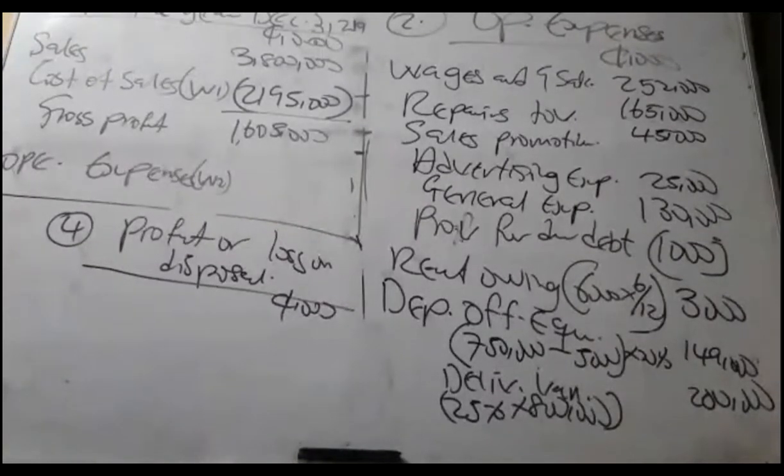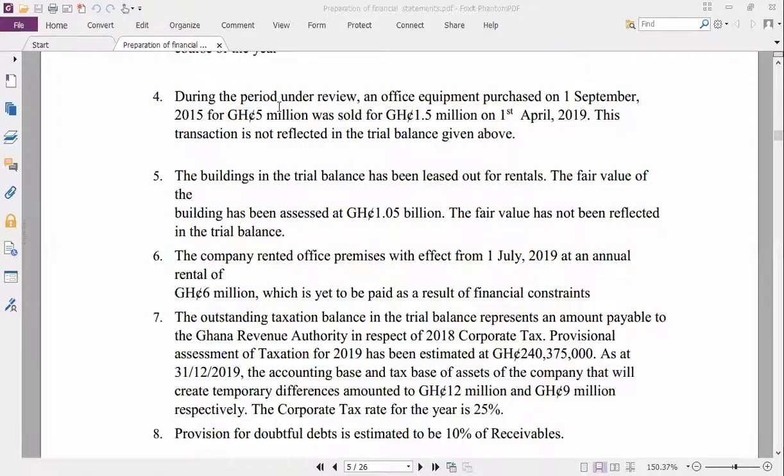So let's go and pick that note and see. During the period under review, office equipment purchased on 1st September 2015 for 5 million was sold for 1.5 million.